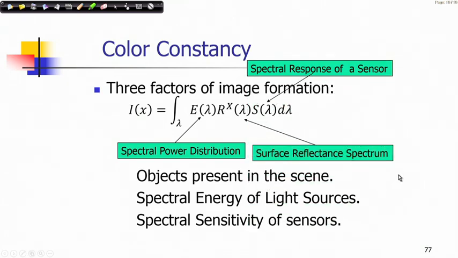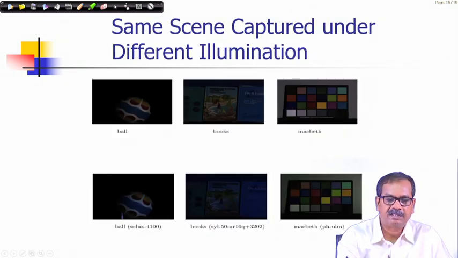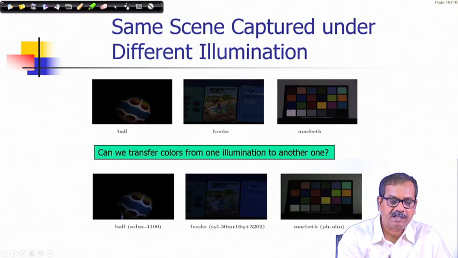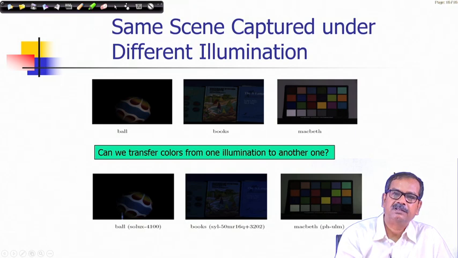So, the accumulated response over all the wavelengths over the spectrum would be the output from this particular sensor, and that is expressed as I x. If there are three such sensors having three different types of spectral responses, you will have three such components. That is how the color is represented. So, it is the same scene captured under different illumination, and the problem of color constancy is whether we can transfer colors from one illumination to another.